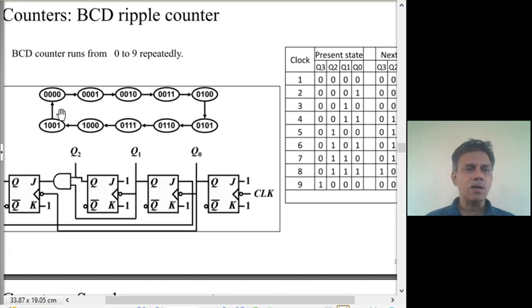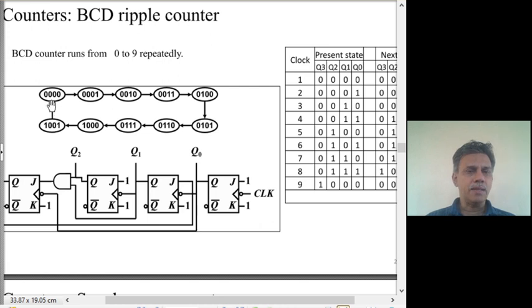The weightages are 8, 4, 2 and 1, that is 2 power 3, 2 power 2, 2 power 1 and 2 power 0. The bit sequence varies from 0000 to 1001, and we would like to count it in increasing order, that is, it is a BCD up counter.